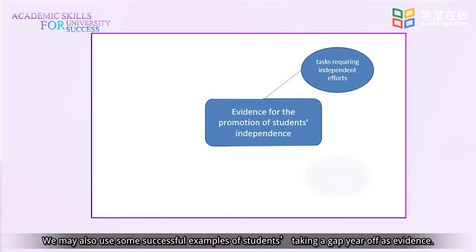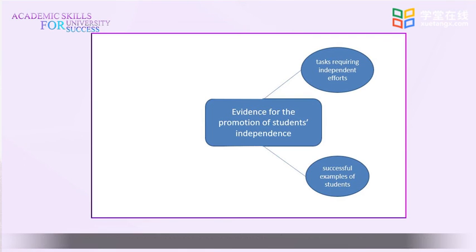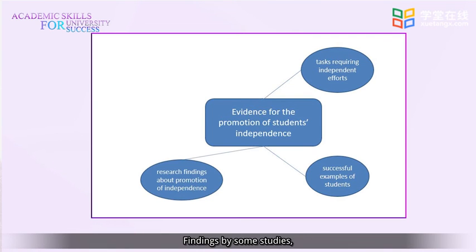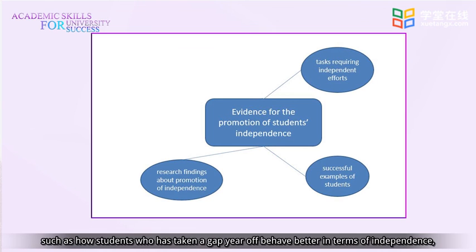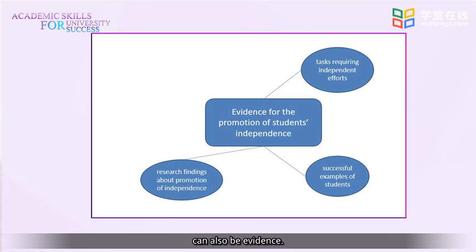We may also use some successful examples of students taking a gap year off as evidence. Findings by some studies, such as how students who have taken a gap year off behave better in terms of independence, can also be evidence.